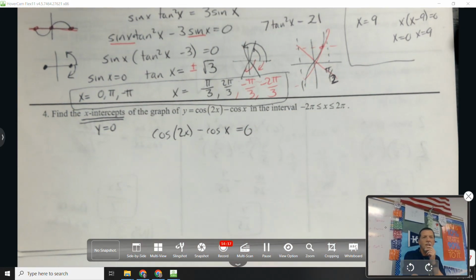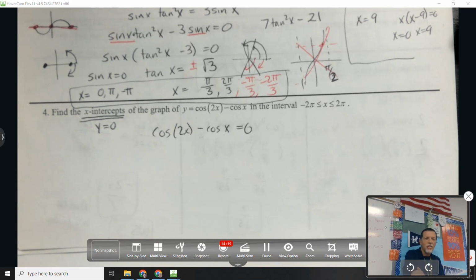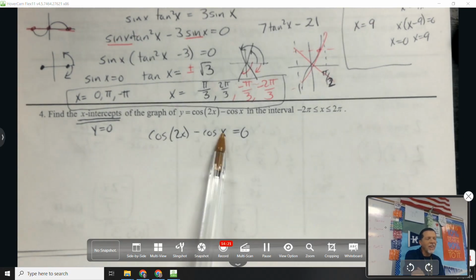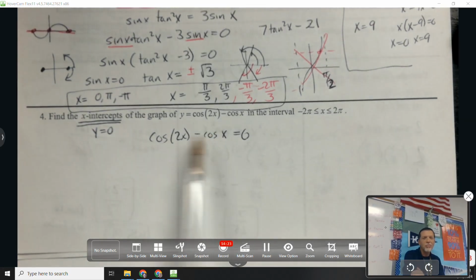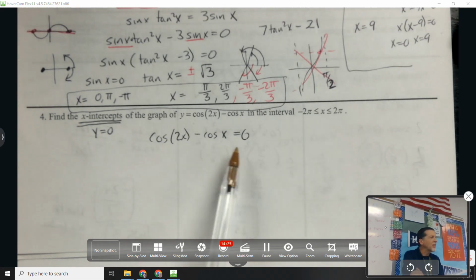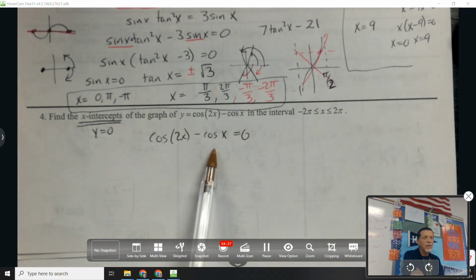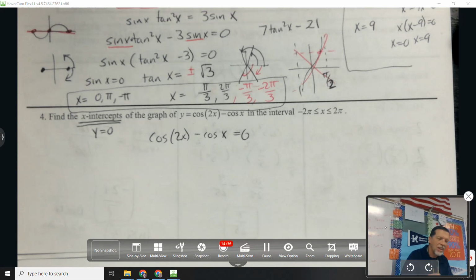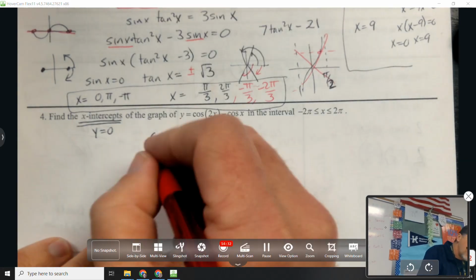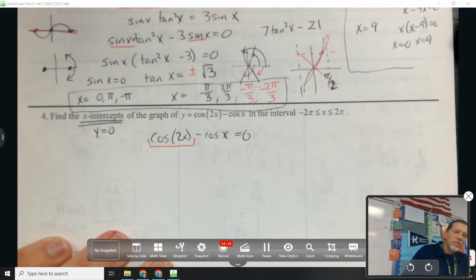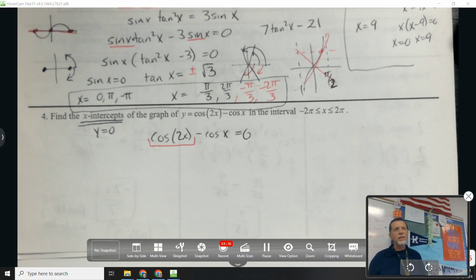Uh-oh. Those are different things, right? So can't really factor out anything. What did we do yesterday? What's cosine of 2x? What's another way to say that?